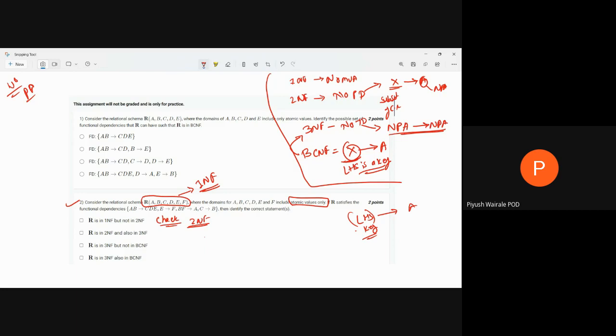How to check that? First find the candidate key. So what is the candidate key here? AB. Okay, wait.